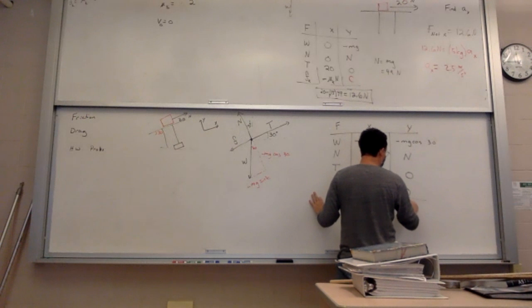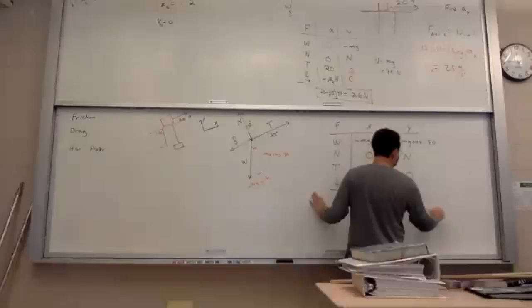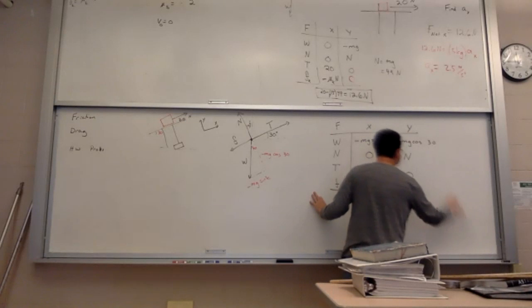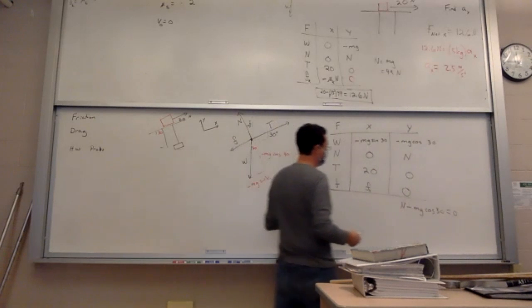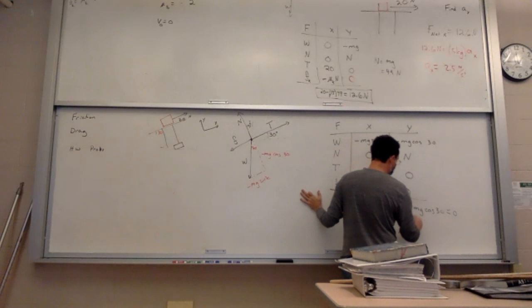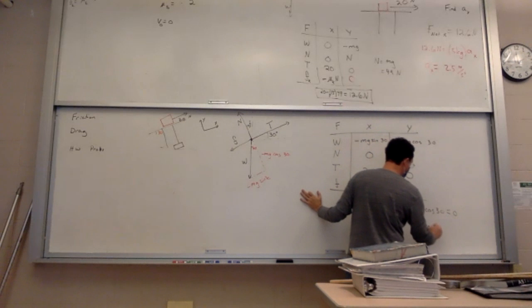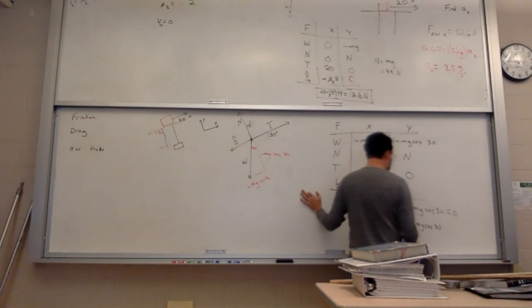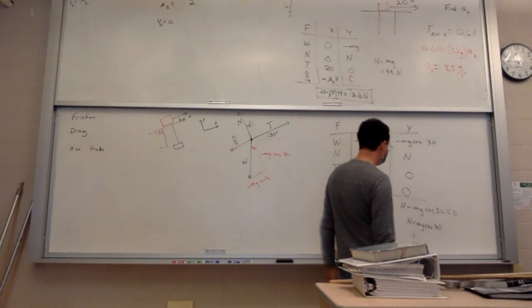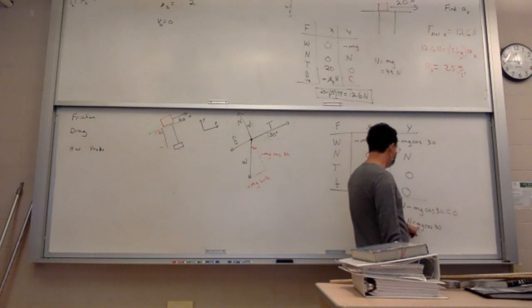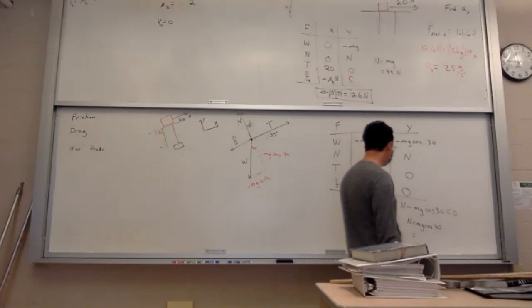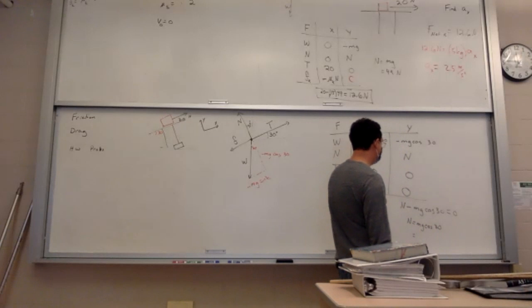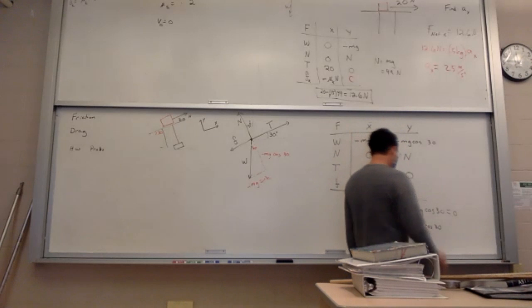So I get normal force minus mg cosine 30 equals 0, because there's no acceleration perpendicular to the table. Therefore, normal force equals mg cosine 30. Cosine 30 is 0.866. G times that is about 8.66, and then the mass was 5, so I should do 86.6, cut it in half, 43.3.